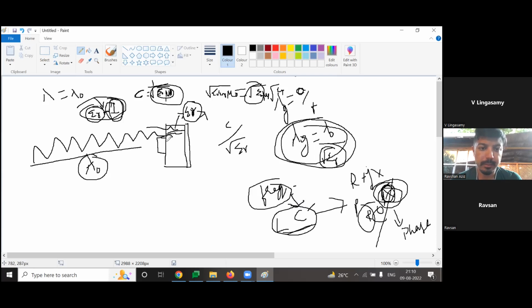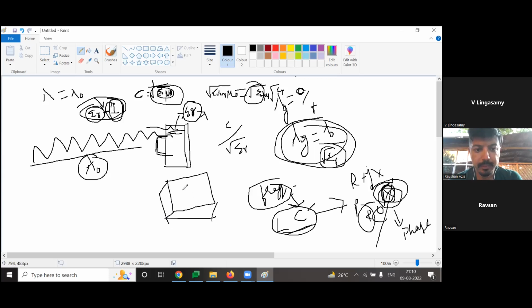So basically, for example, in the 1940s itself, they created some kind of artificial dielectric. What they did is, for example, you have a dielectric medium like this.